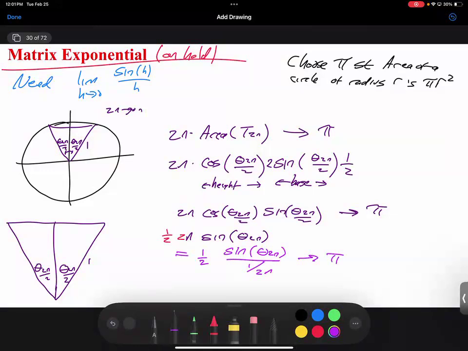So how does this help? Because theta 2n is just pi over n. Why is it pi over n?